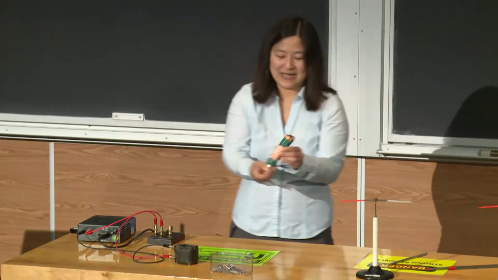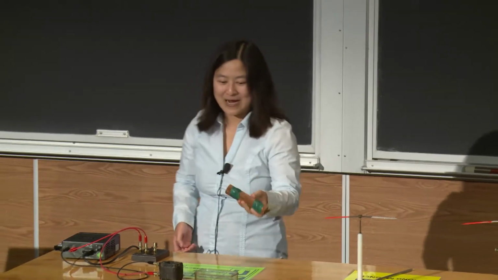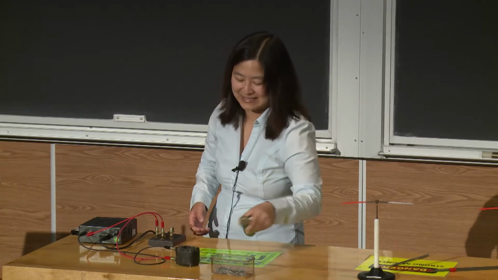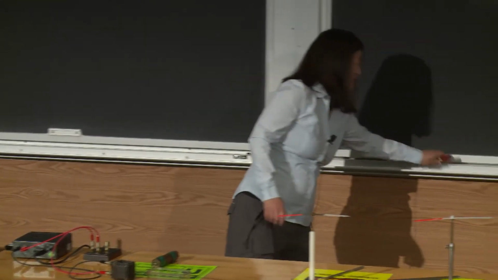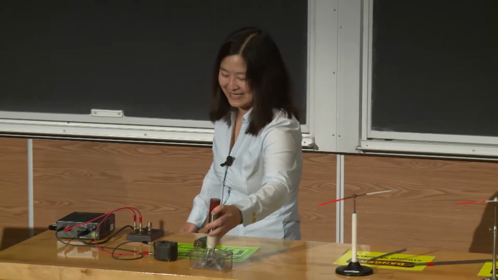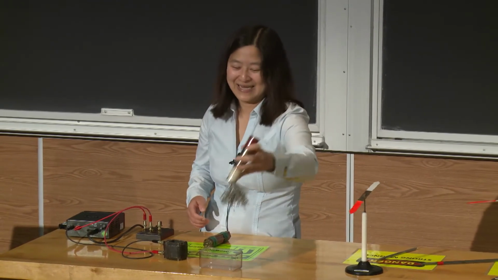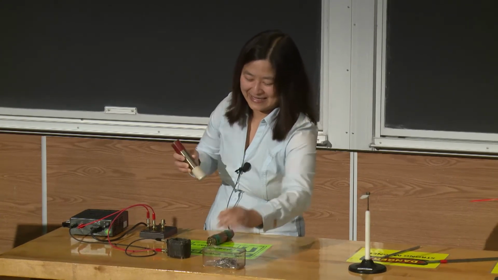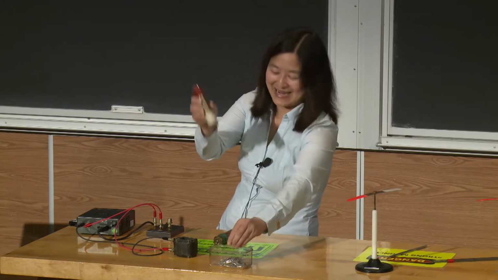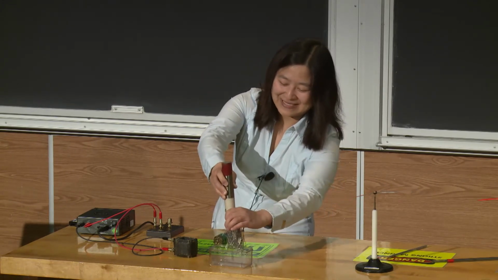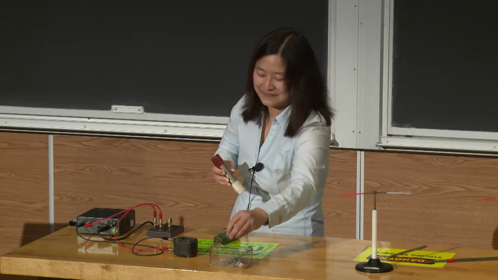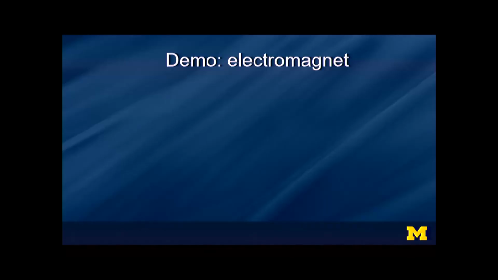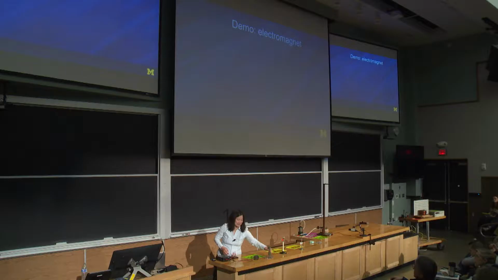Here I have some, I think, copper wires that are just bound together. One thing that's nice to demonstrate with magnets is that they're pretty strong. I can pick up these paper clips. I can overcome the force of gravity with this handheld magnet and pick up all of these paper clips. If I use a material that's not as magnetic, or not magnetic, it won't pick up these paper clips.